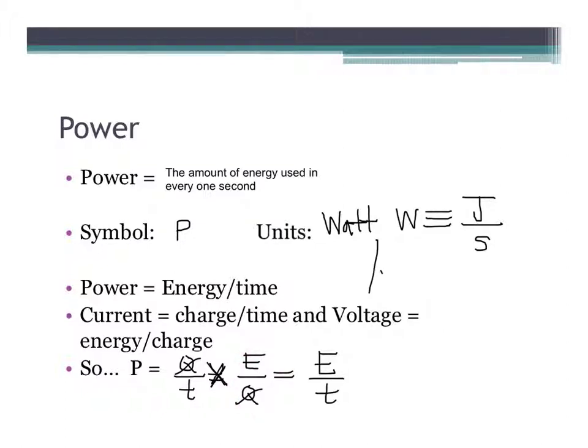So power, therefore, is equal to current times voltage. So we've got a new expression, we haven't redefined power. It still means energy used every 1 second, just like it did back in chapter 7, but we have a new way to calculate it using current and voltage, so we can find out how quickly energy is consumed by different electrical devices.